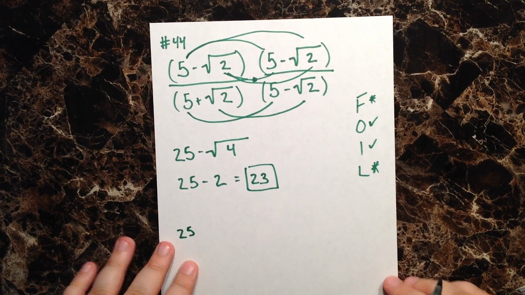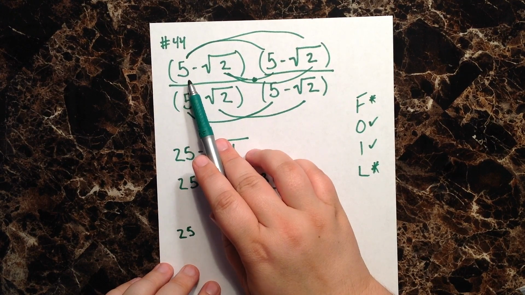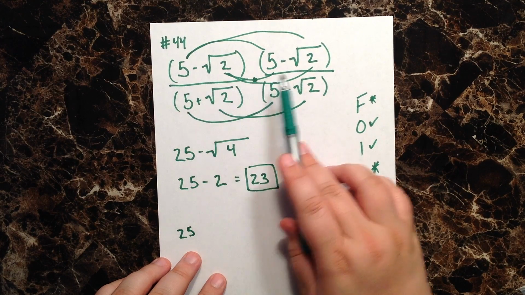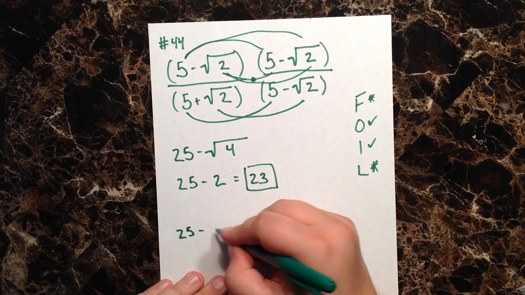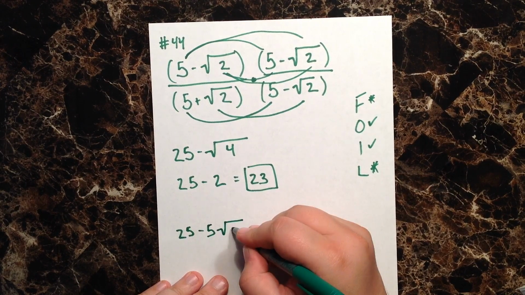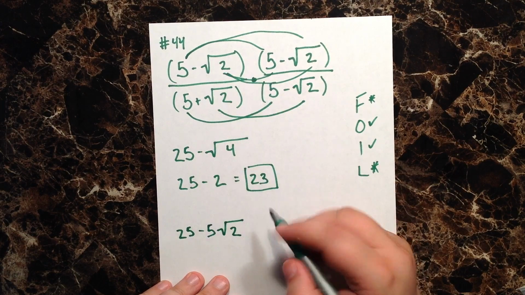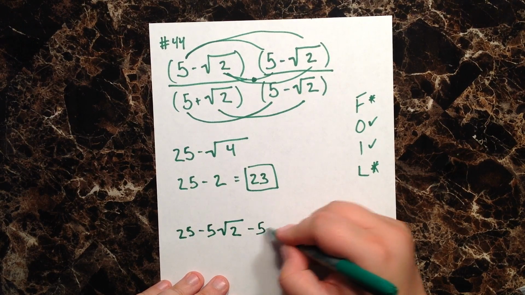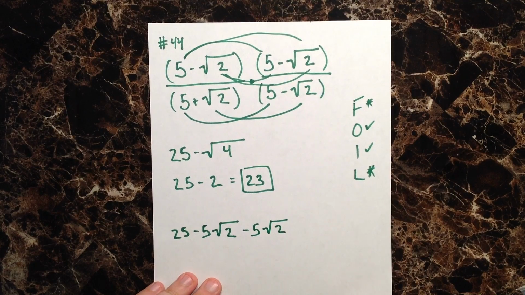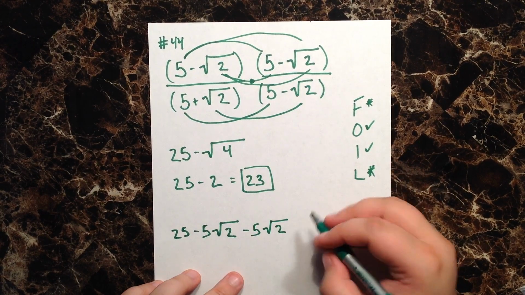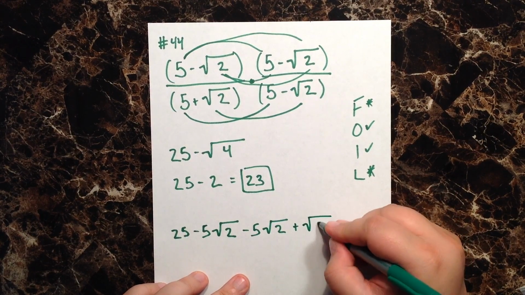Microphone fell over, but I think we're okay. Where were we? So 5 times 5 is 25. 5 times negative radical 2, well, that gives me a negative 5 radical 2. Negative radical 2 times 5, well, again, that gives me a negative 5 radical 2. And then lastly, negative radical 2 times negative radical 2 gives me positive radical 4.